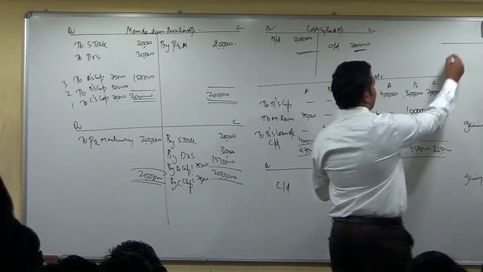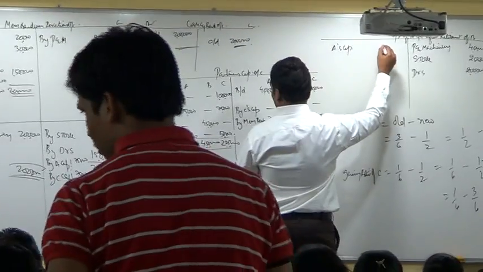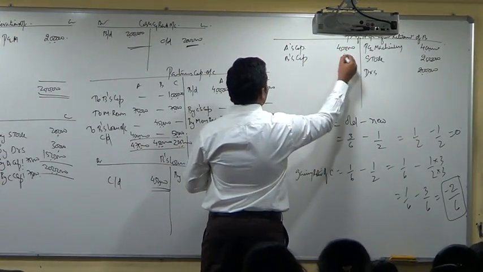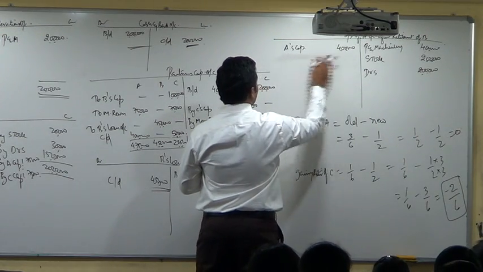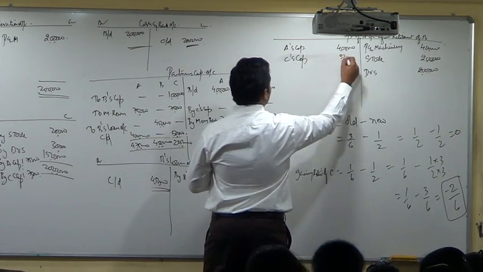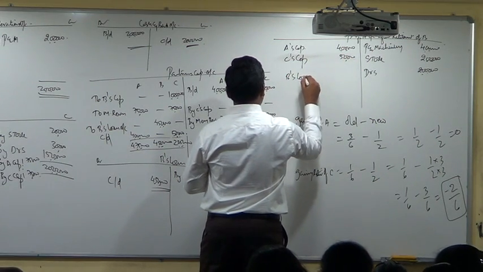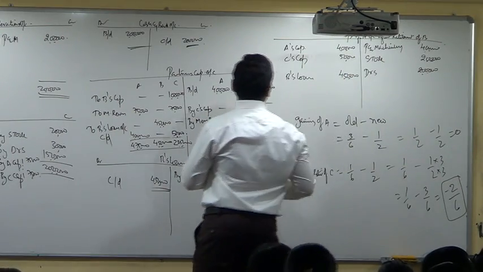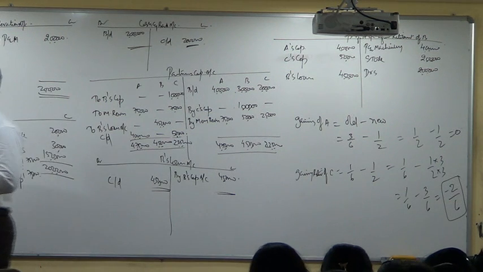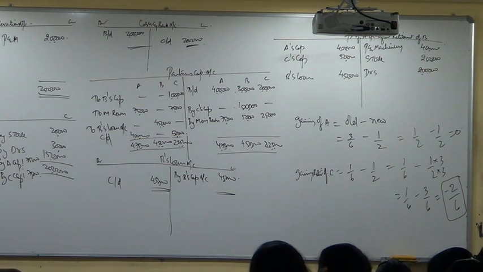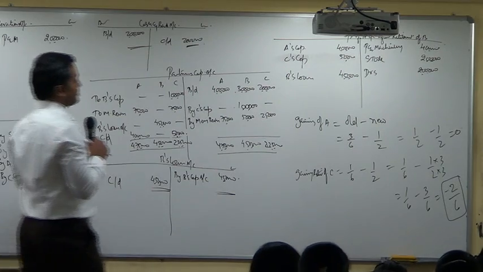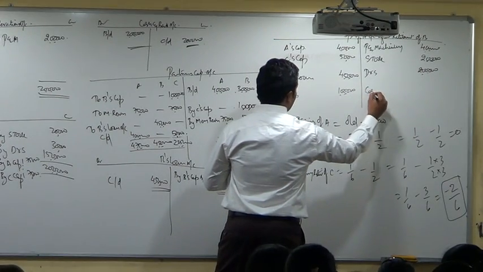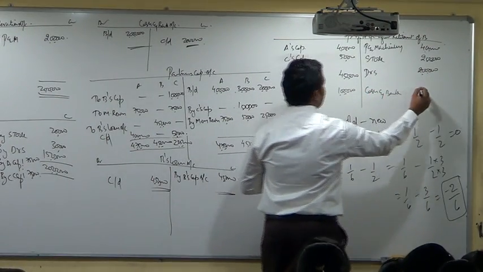Now show the items in the balance sheet. A's capital 4 lakh. B's capital, B doesn't remain as a partner at all. C's capital 50,000. B's loan 4,50,000. Creditors 1 lakh. No change in creditors. Cash and bank 2 lakh.